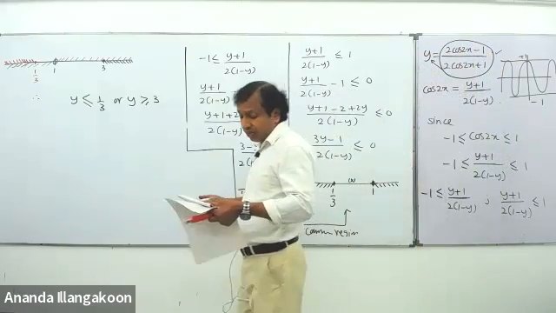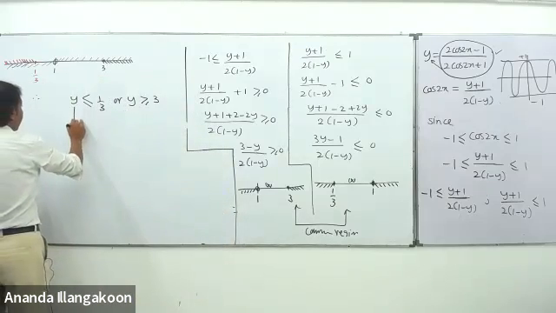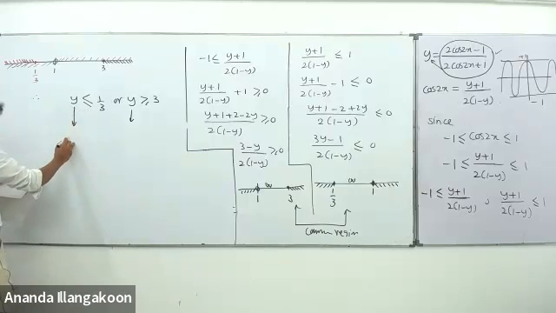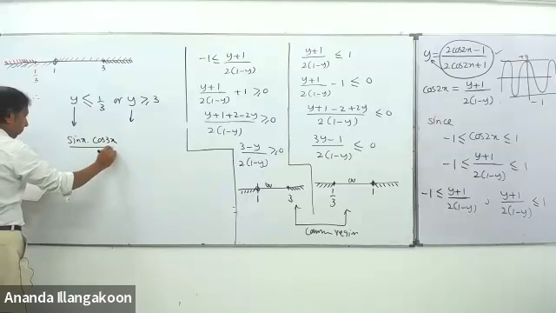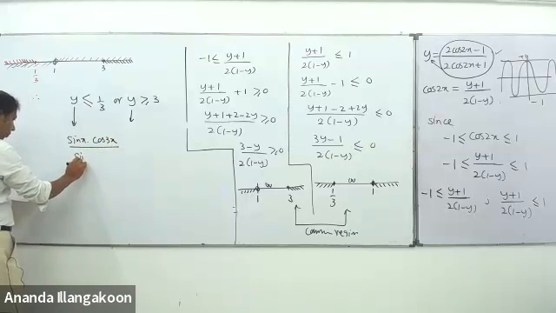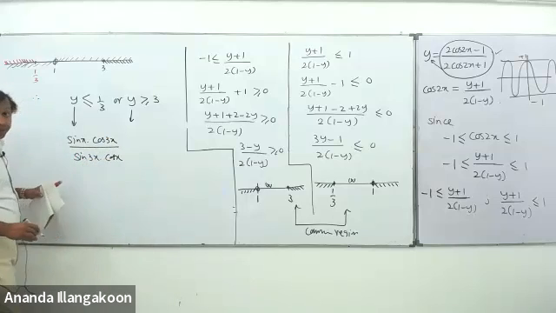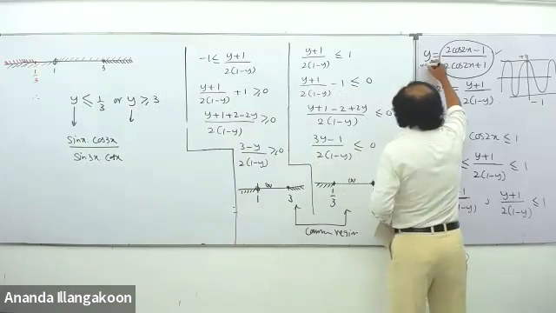Sin x cos 3x divided by sin 3x cos x. Therefore, we can write here, y means what, people? Sin x cos 3x divided by sin 3x cos x, no? Okay. Really, this is y.